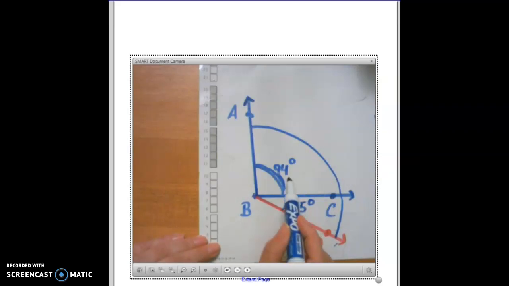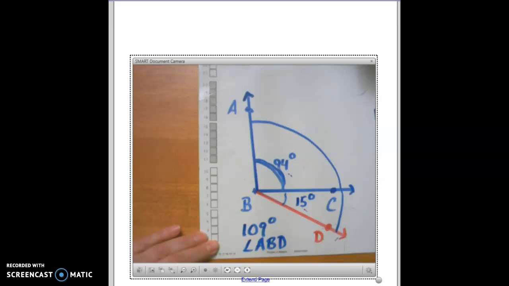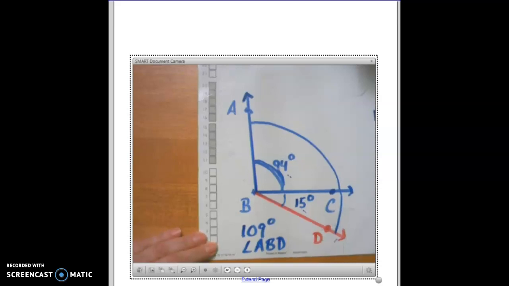Because it's labeled for me, 94 degrees plus 15 degrees. Can anybody do that in their heads? 109. That angle ABD is 109 degrees.